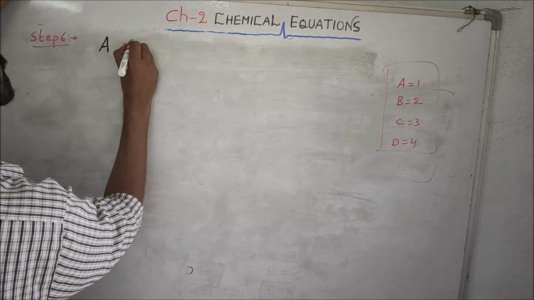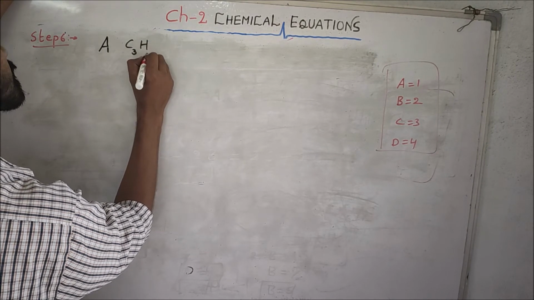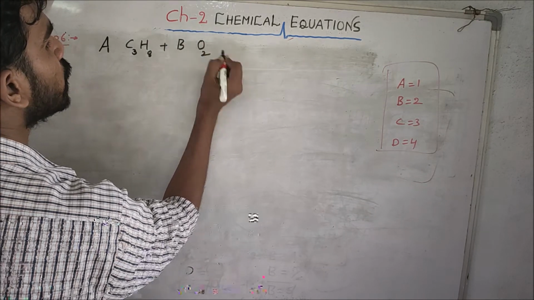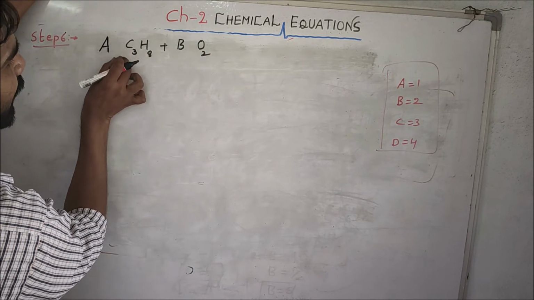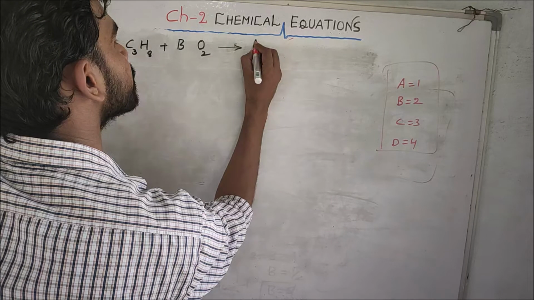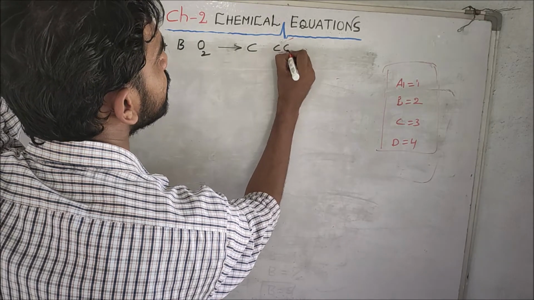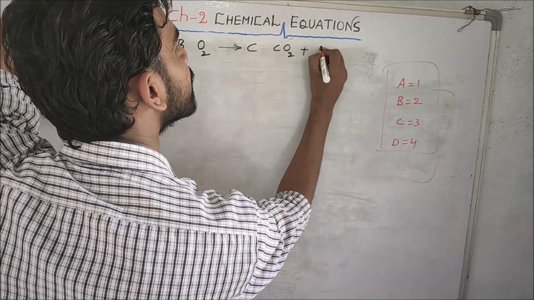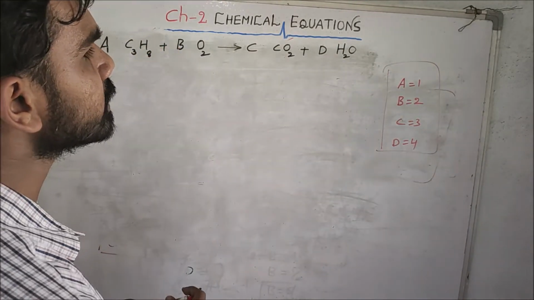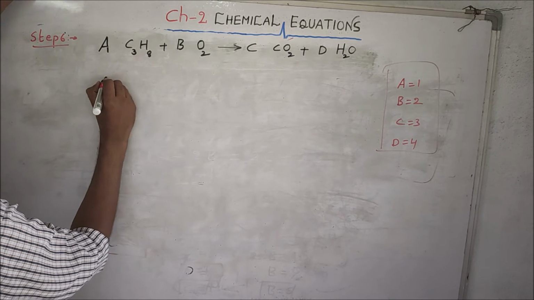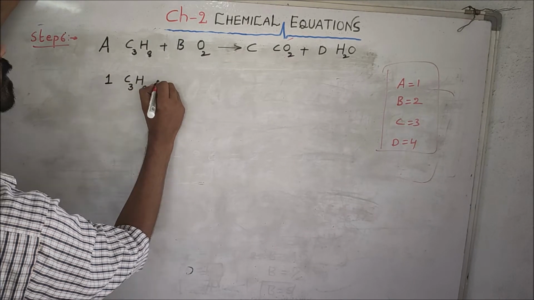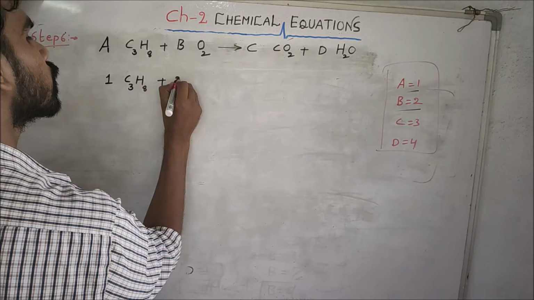A C3H8 plus B O2. Every time when writing families, give a gap like this. Now gives rise to C CO2 plus D H2O. Now we got the A answer, how much? 1 C3H8. Now what is the B answer here?